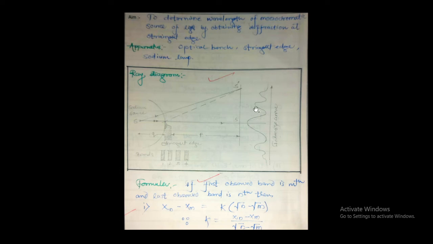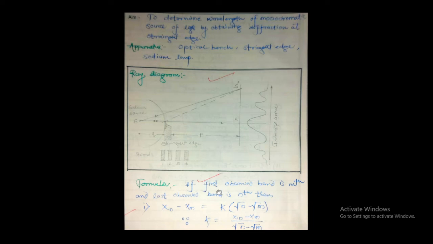There are successive maxima and successive minima obtained as an image pattern. When we focus these through the telescope of the instrument, alternate dark and bright vertical bands are seen. These are the resultant images of the experiment.